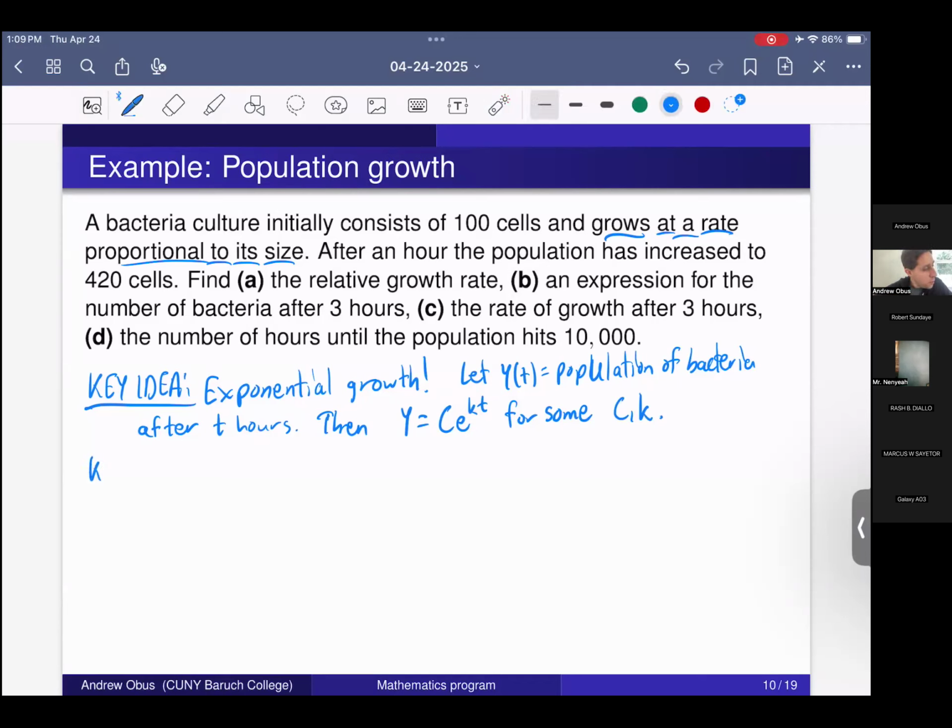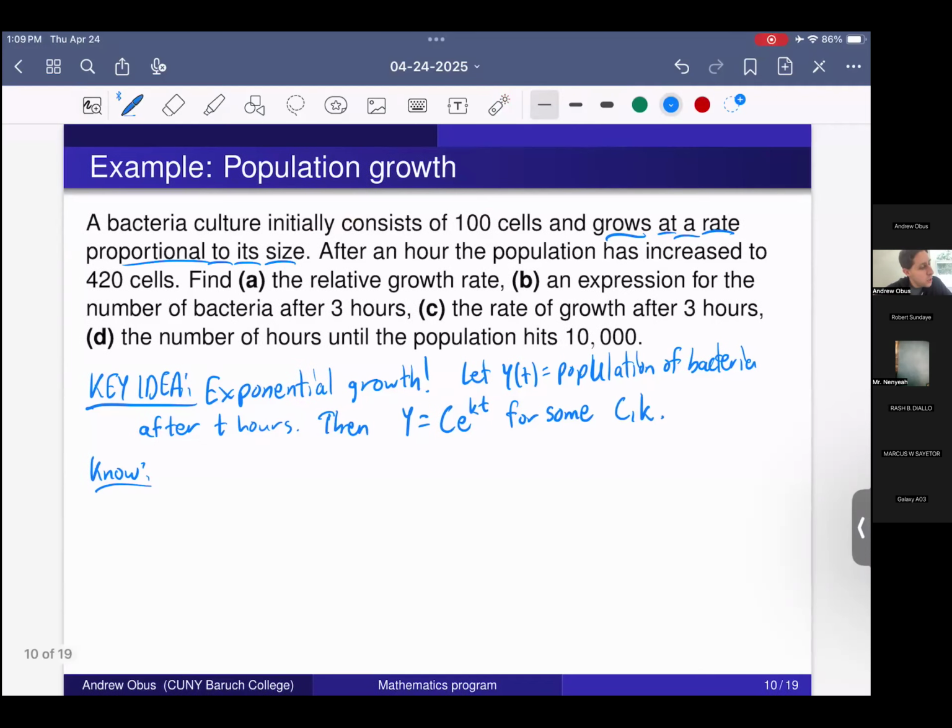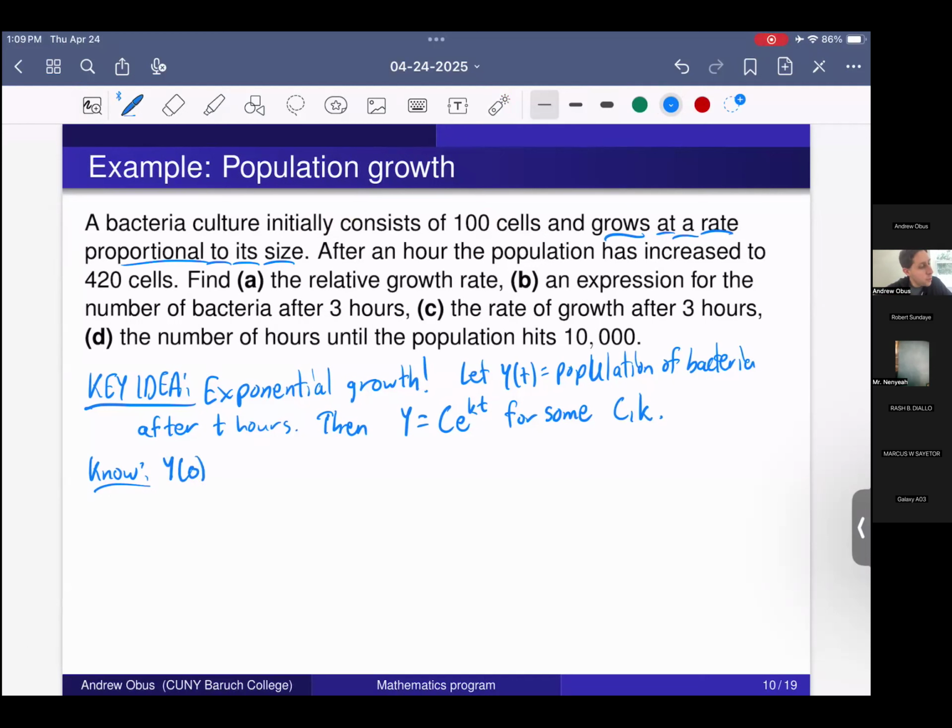So what do we know? Well, we know that it initially consists of 100 cells. So we know that y of 0 is equal to 100. That's this, initially consists of 100 cells. So the population after 0 hours is 100.